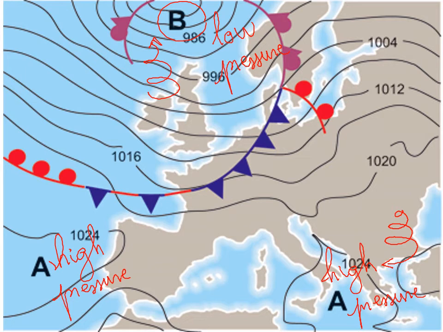When the air goes up, it creates clouds. Why? Because the water vapor goes up and condenses. And when there are clouds, it can rain. So this area, which has a low pressure, will be a rainy area. You can see that it covers the British Isles, so England, Ireland, and so on, which are very, very rainy areas.